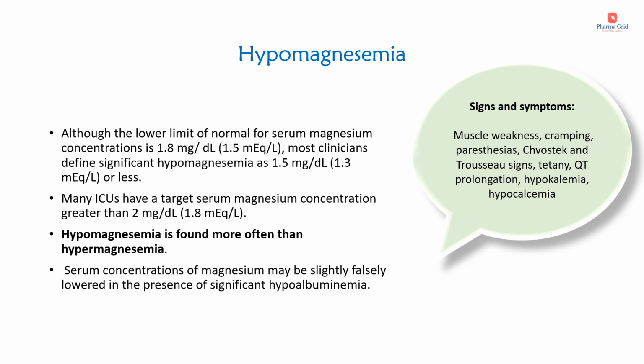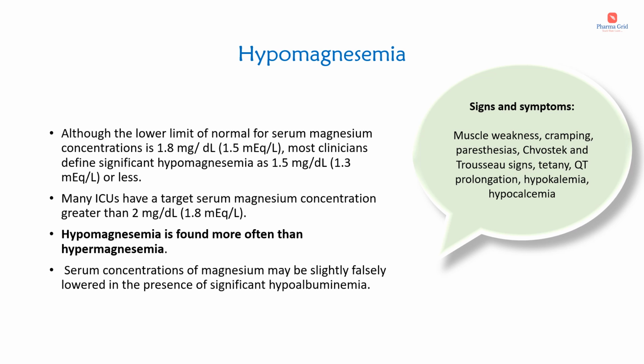So hypomagnesemia means, although the lower limit of normal for serum magnesium concentrations is 1.8 mg per dL or 1.5 milliequivalent per liter, most clinicians define significant hypomagnesemia as 1.5 mg per dL or 1.3 milliequivalent per liter or less. Many ICUs have a target serum magnesium concentration greater than 2 mg per dL.